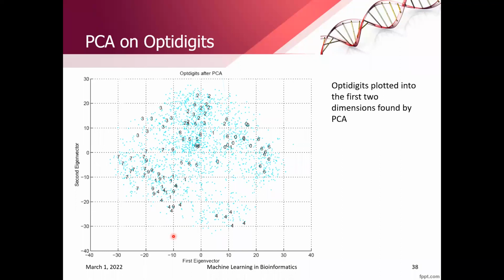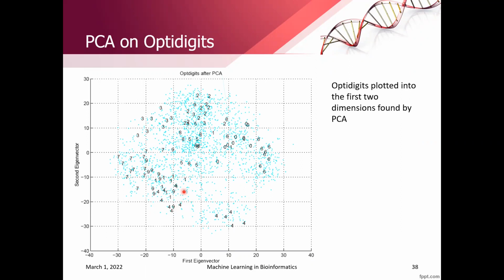But it doesn't work with two dimensions because, yes, nines, for example, here we have nines, and there are among 4s and 1s even, and here are close to 7. So it's not enough to represent the handwritten digits just by two by transforming the original.